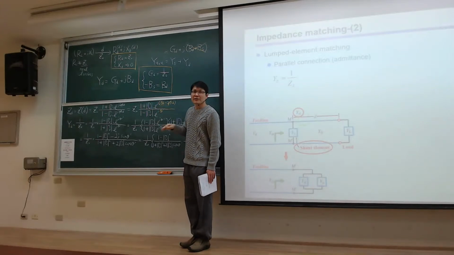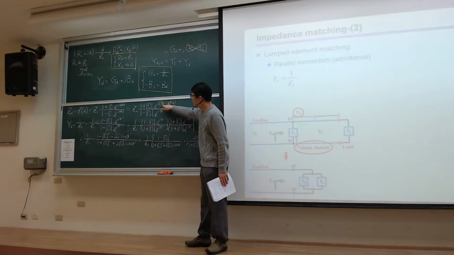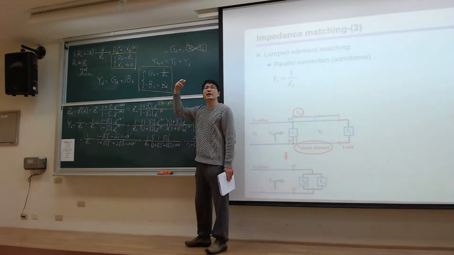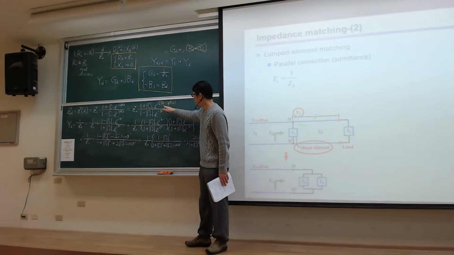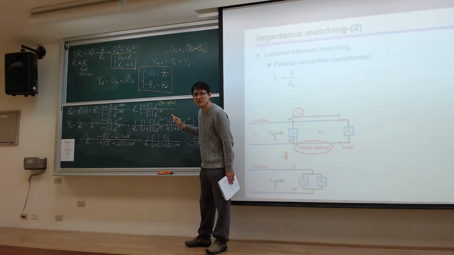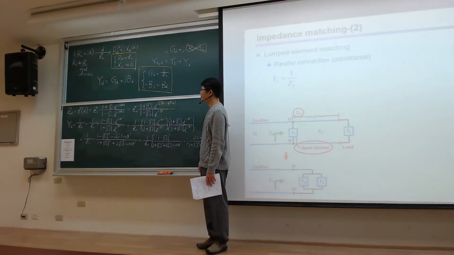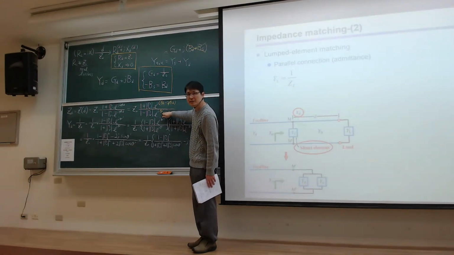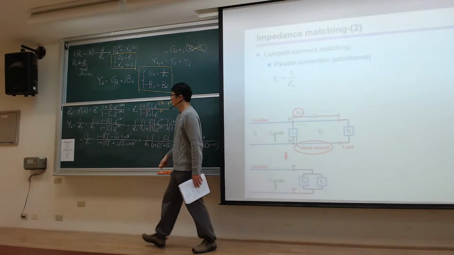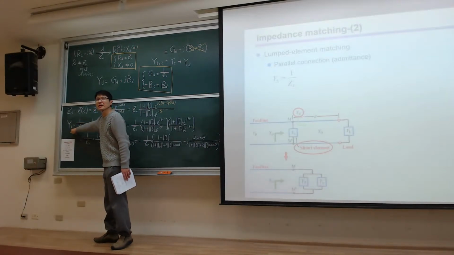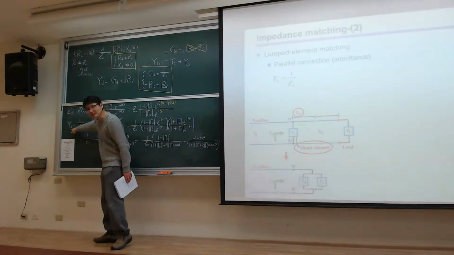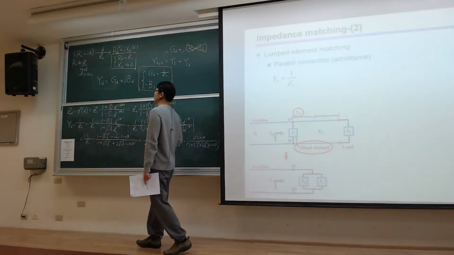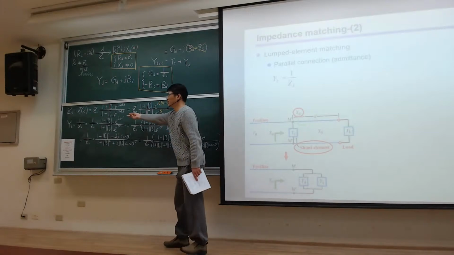For simplicity, I am going to call theta gamma, the angle of the reflection coefficient, minus 2 beta d, theta prime. So now we have the simplified formula for Z_D, the wave impedance. I invert it, and it becomes the wave admittance. It's just flipped.